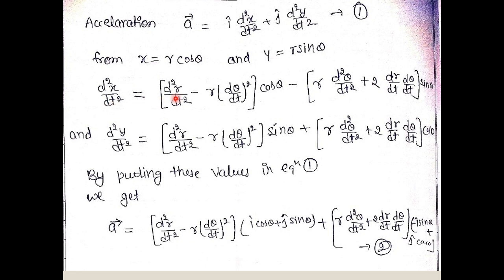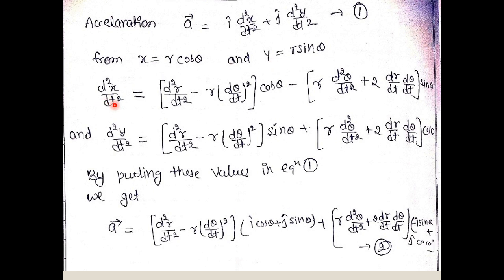Here when we take dx upon dt, there will be differentiation, first dr upon dt, and in the second term cos theta and also d theta upon dt. So we will take the differentiation of these equations two times.